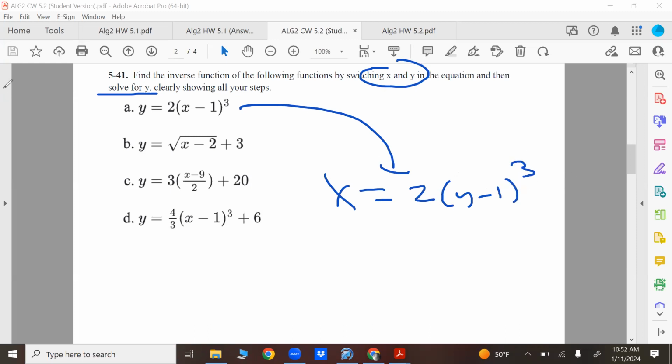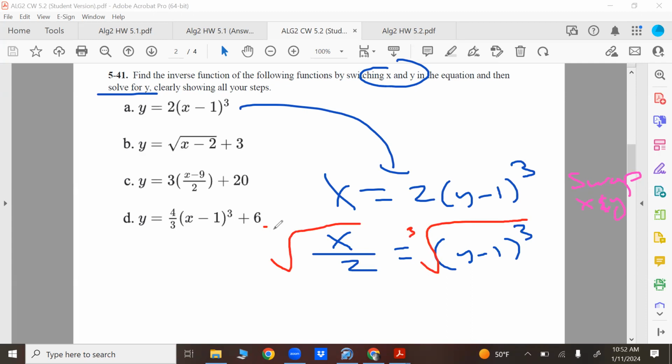So just to annotate, swap X and Y. Okay, now I get Y by itself. And you've got a cube root.